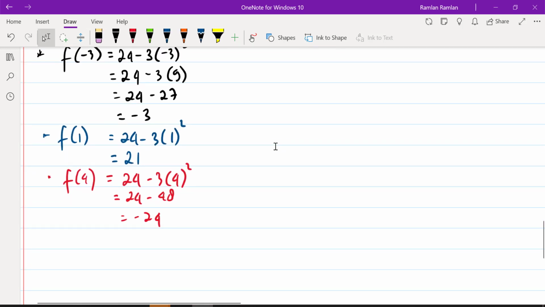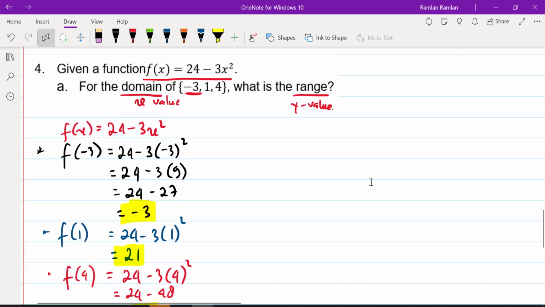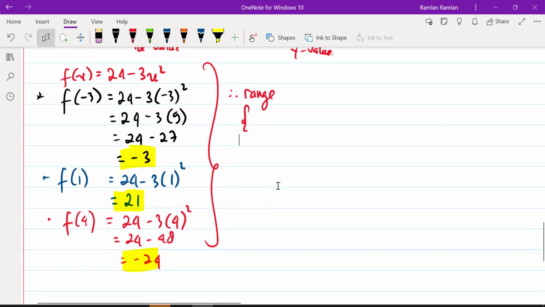Now in here we have all the results, but remember that you need to write down the range here, sorry, the range. You need to write down the conclusion for this question: the range will be negative 3, 21, and negative 24.